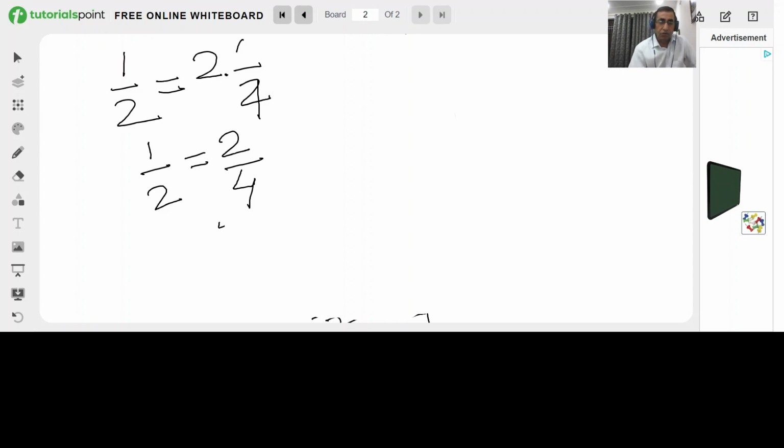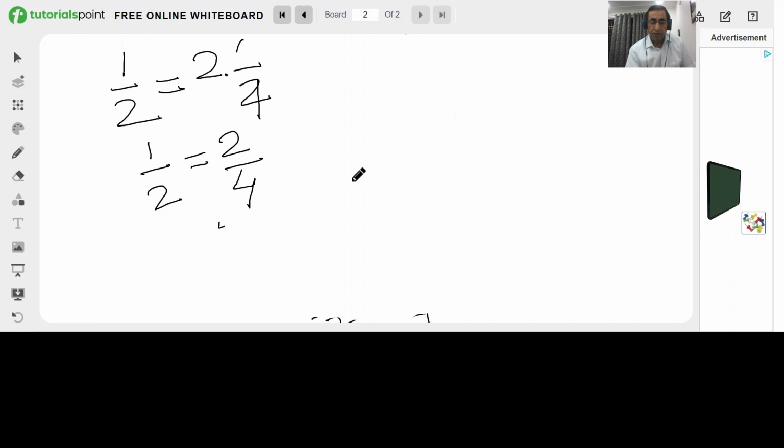Equal means their denominators are equal. Their value doesn't change, and we make them equal. How do we make them equal?